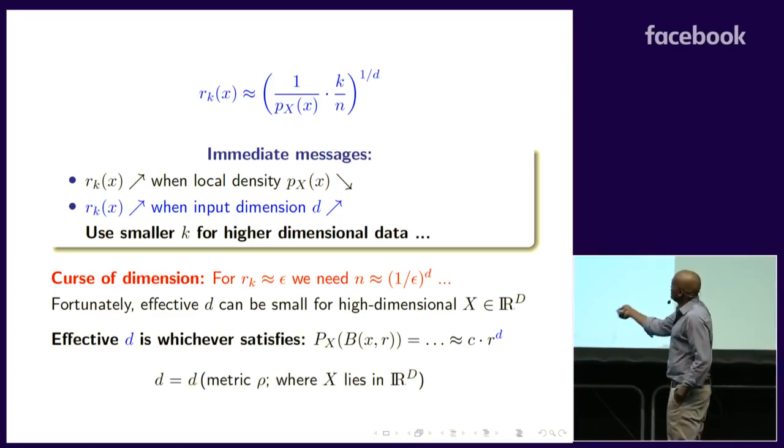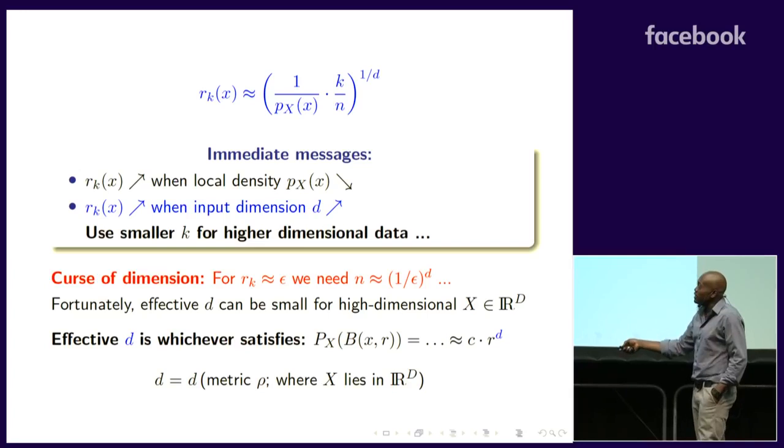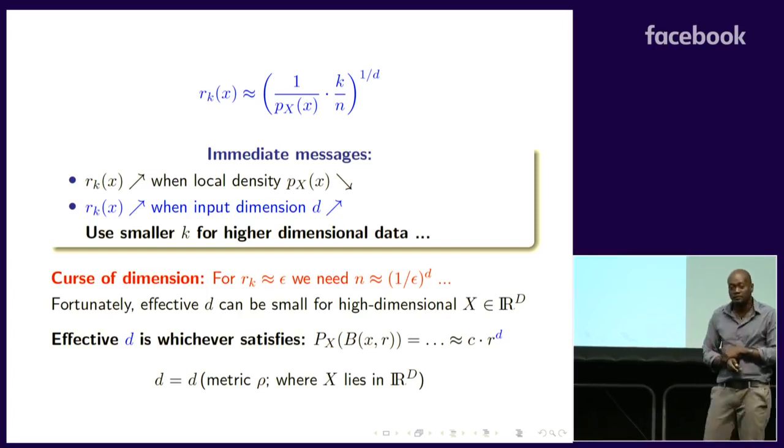It turns out that this quantity, little d, is really a function of your choice of metric, and it's also a function of where X lies in the high dimensional space. You can already imagine that if X is in very high dimensional space but lies on a manifold, that the quantity that will satisfy this equation should not be so large, but we'll get to that in a second.